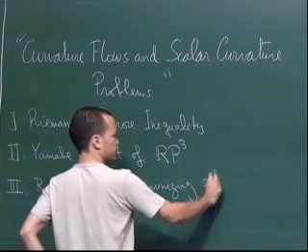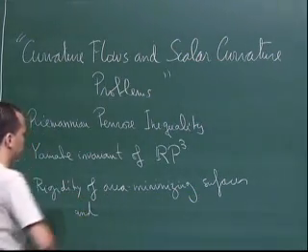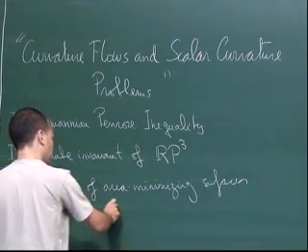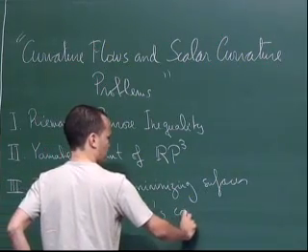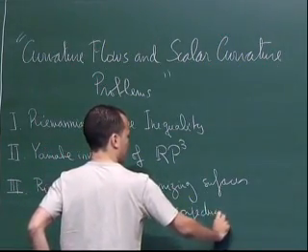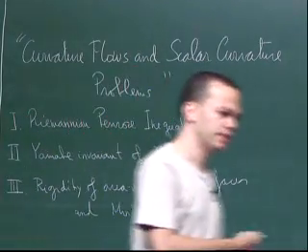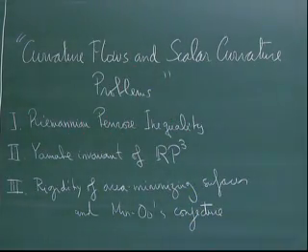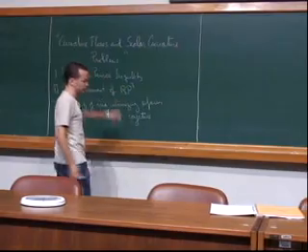And because it's related to that, I'm going to talk about something that I was involved in, the Min-Oo conjecture. So I'm going to talk about some rigidity results, and in the end, a non-rigidity result, which is a counterexample to the conjecture of Min-Oo.